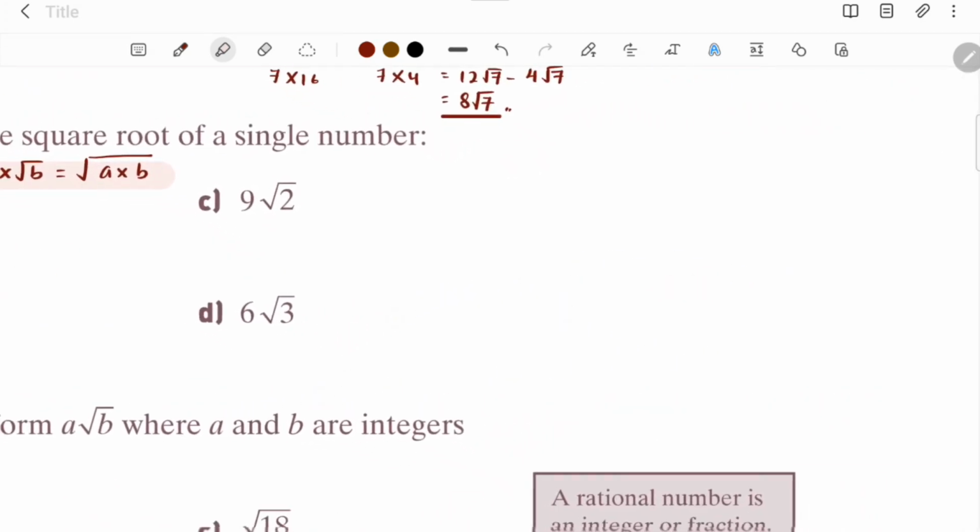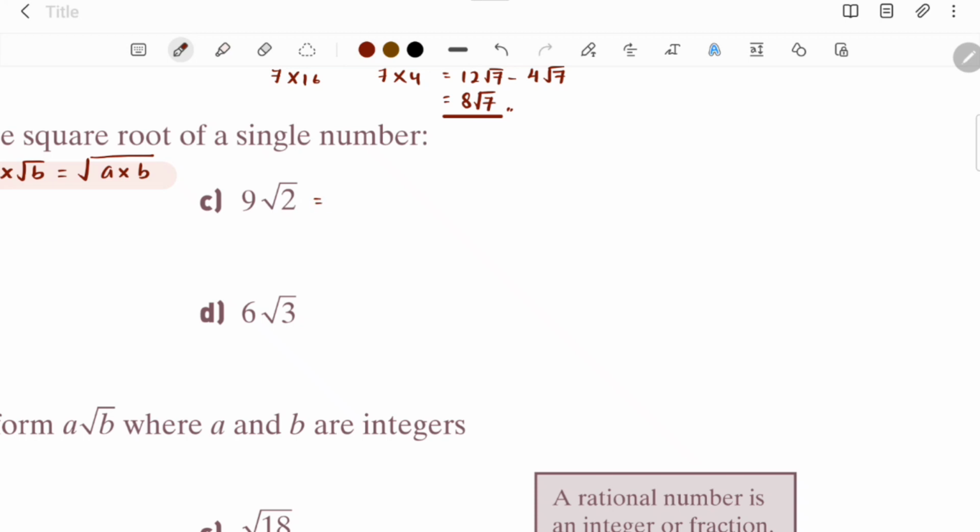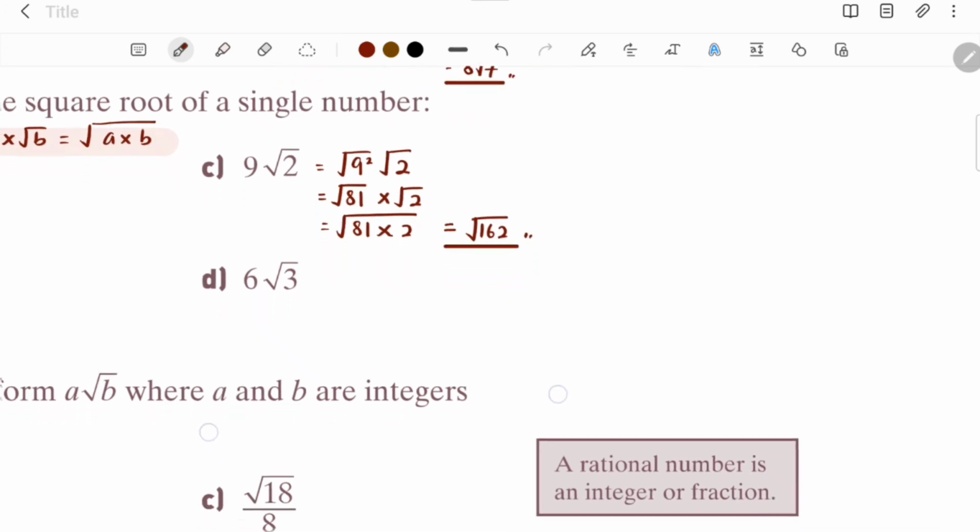C. Same method. Square root of 9 square multiplied with square root of 2. Square root of 81 multiplied with square root of 2. So 81 times 2 you should get square root of 162 as your final answer. Let's try D.